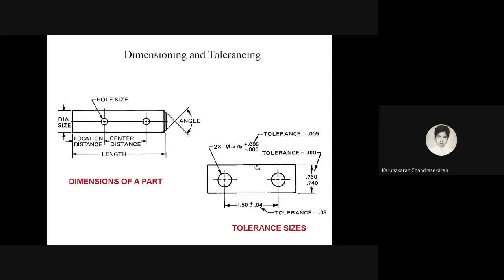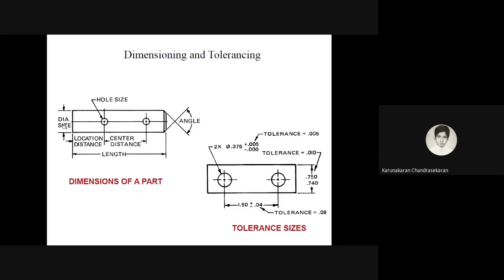Now with this diagram, we can further understand how the dimensions of the part and the tolerance have been mentioned here. If you see the left side figure, you have a small cylindrical part, and in it you have two holes. Why I'm saying cylindrical part is because diameter is given. If diameter is not given, then you can also consider it a small plate.